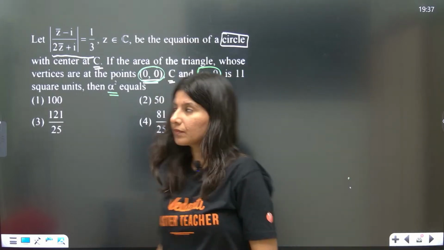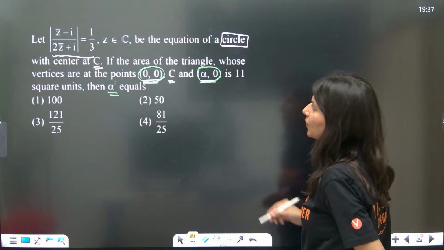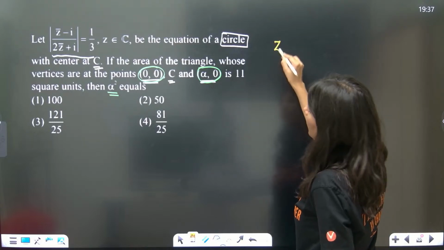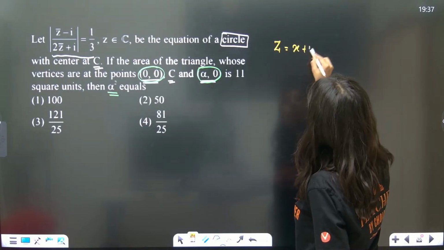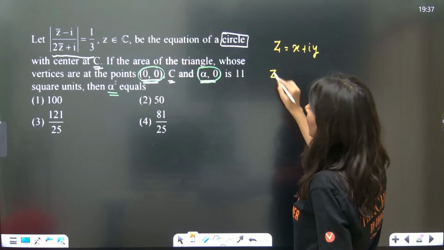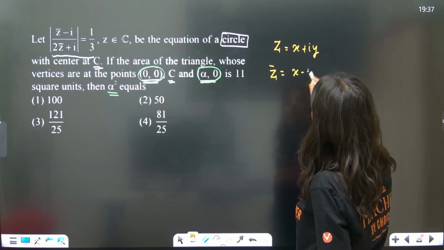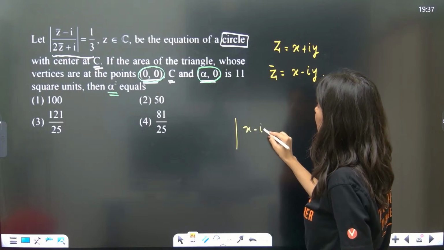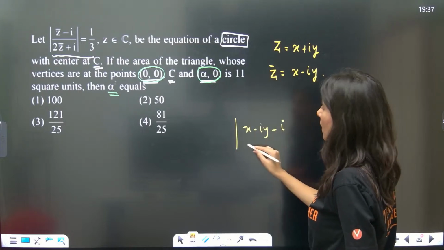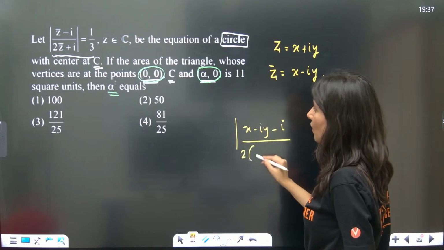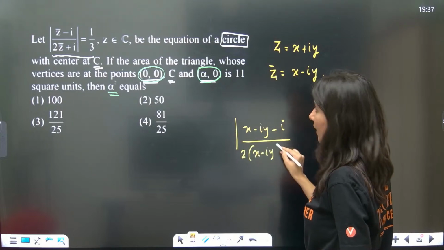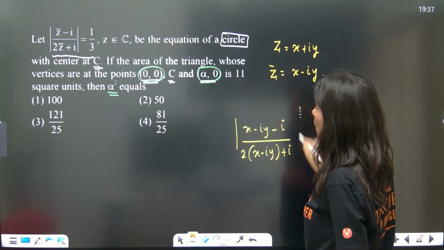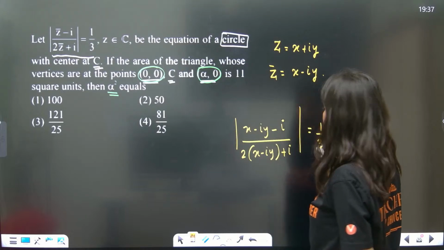Okay. All right. So what we are going to do is write z is equal to x plus iota y. Z bar is nothing but x minus iota y. Now let's start. Z bar is x minus iota y, so minus iota upon twice of x minus iota y plus iota, modulus is equal to 1 by 3. Correct.